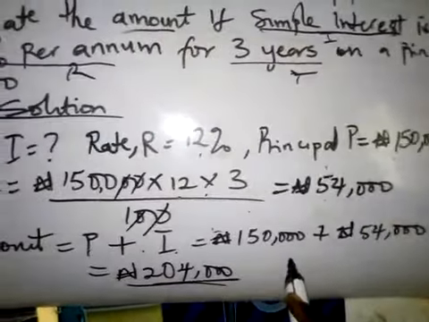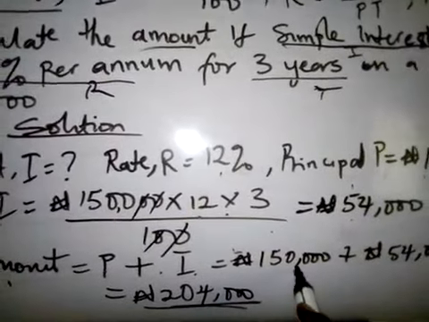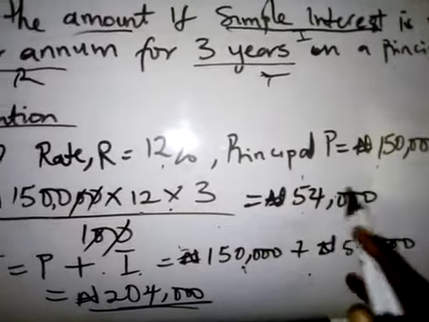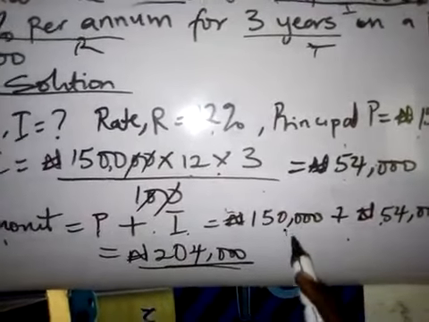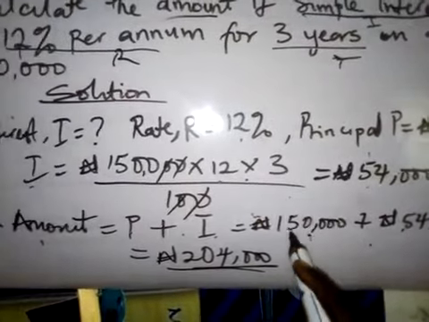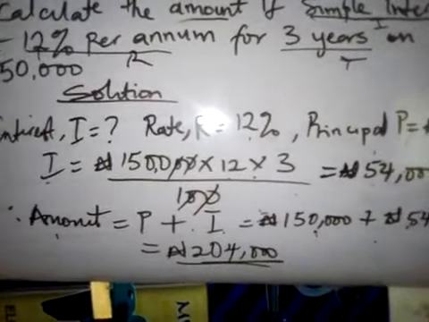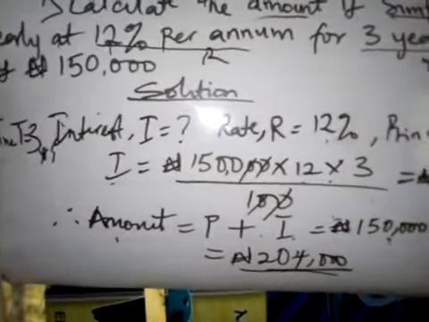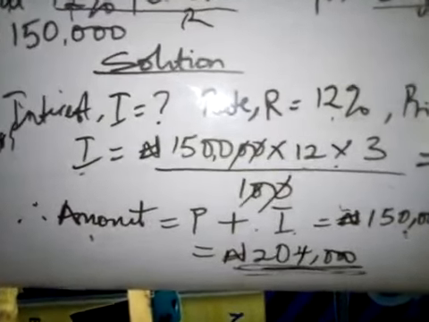What's our principal? The money borrowed, 150,000 naira, plus the interest, which is 54,000. If you add it together, we have 204,000 naira as the amount.